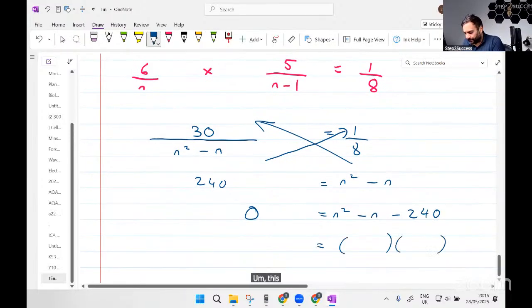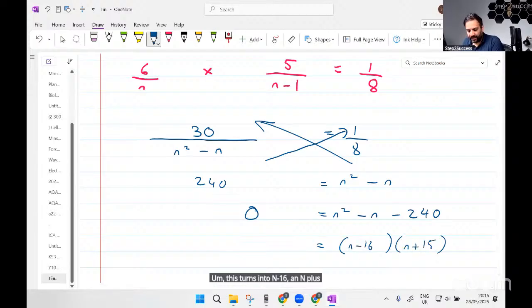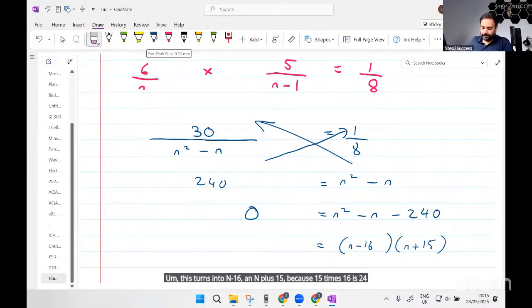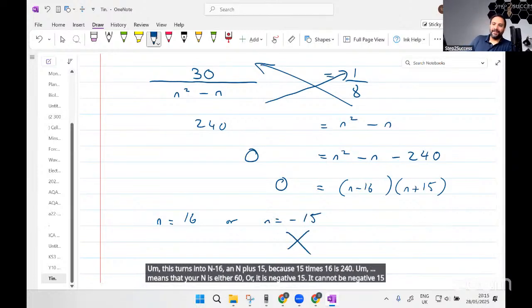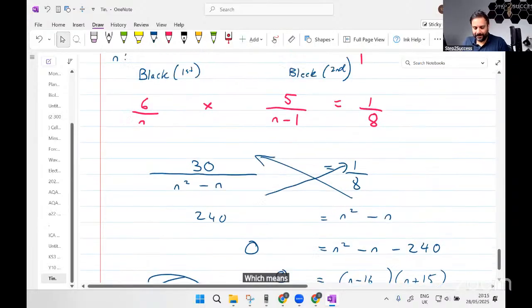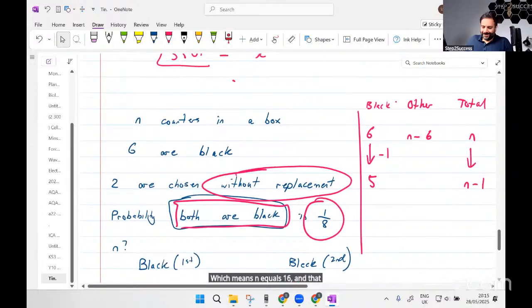This turns into n minus 16 and n plus 15, because 15 times 16 is 240, which means that your n is either 16 or it is negative 15. It cannot be negative 15 because n is the number of counters. It can't be a negative number, which means n equals 16, and that is the answer.